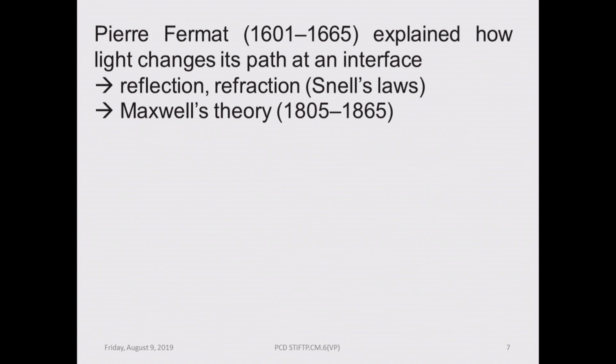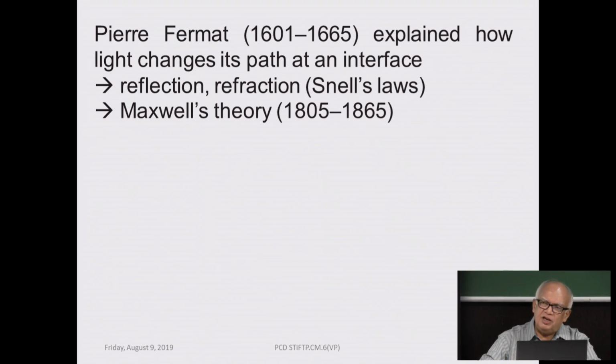So the history of the variational principle is pretty old. Actually, it goes back to the 17th century when Fermat accounted for the paths that light takes, because when light rays meet an interface, they change direction, unless they are normal to the surface.